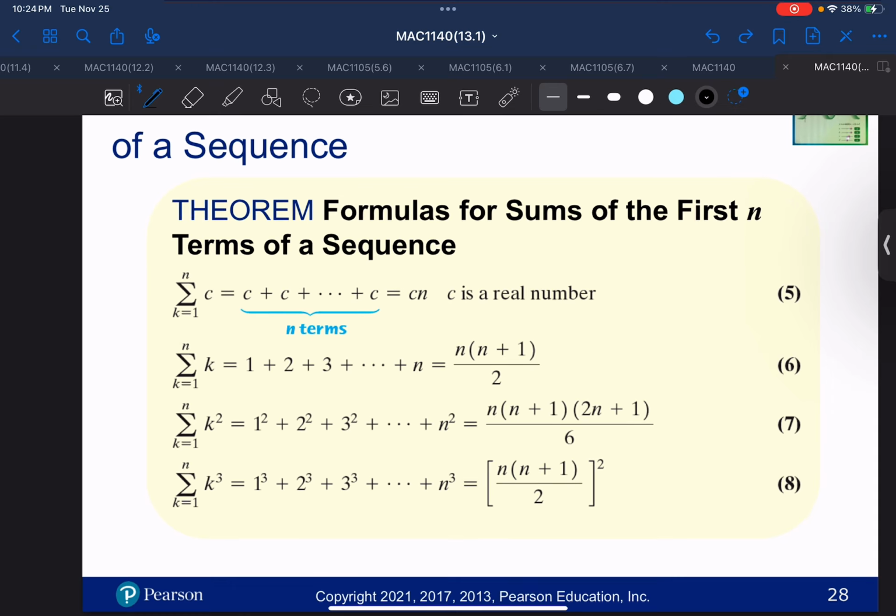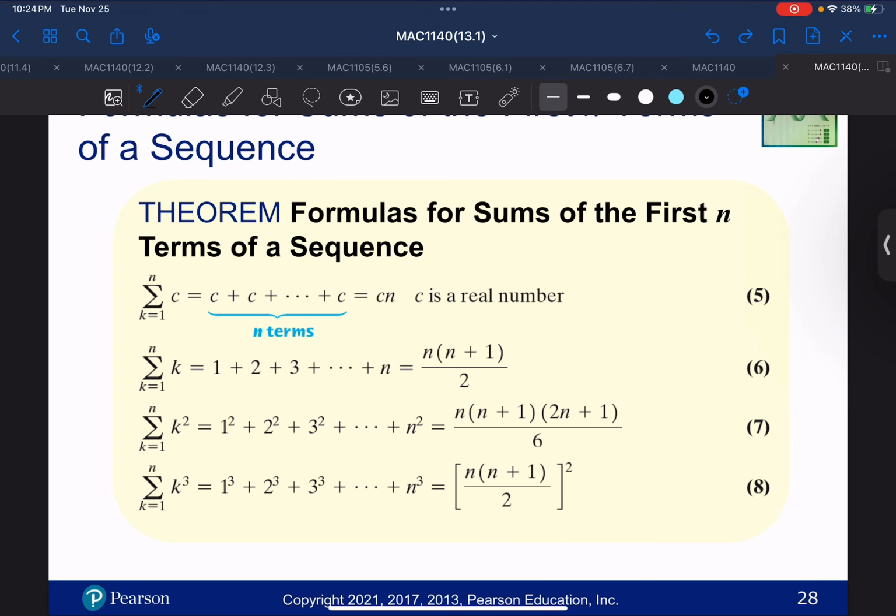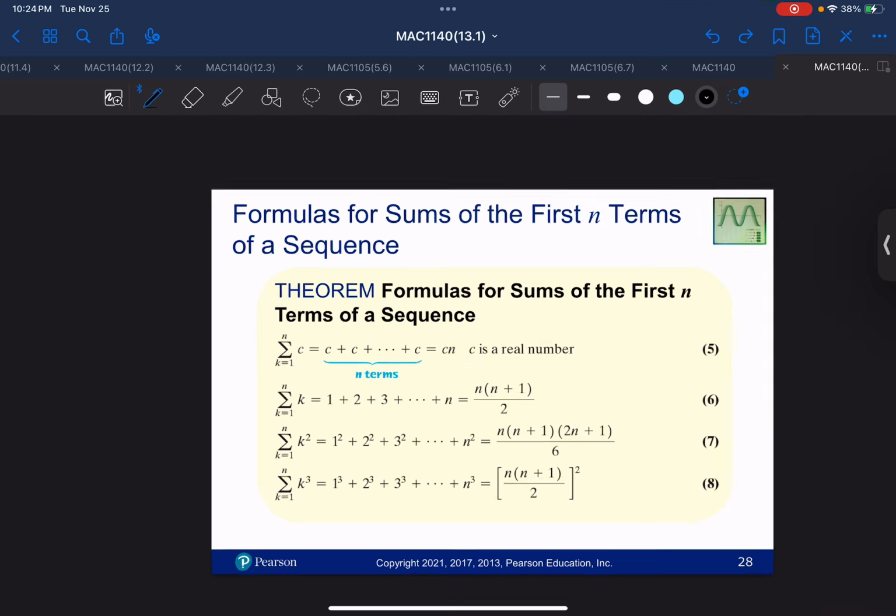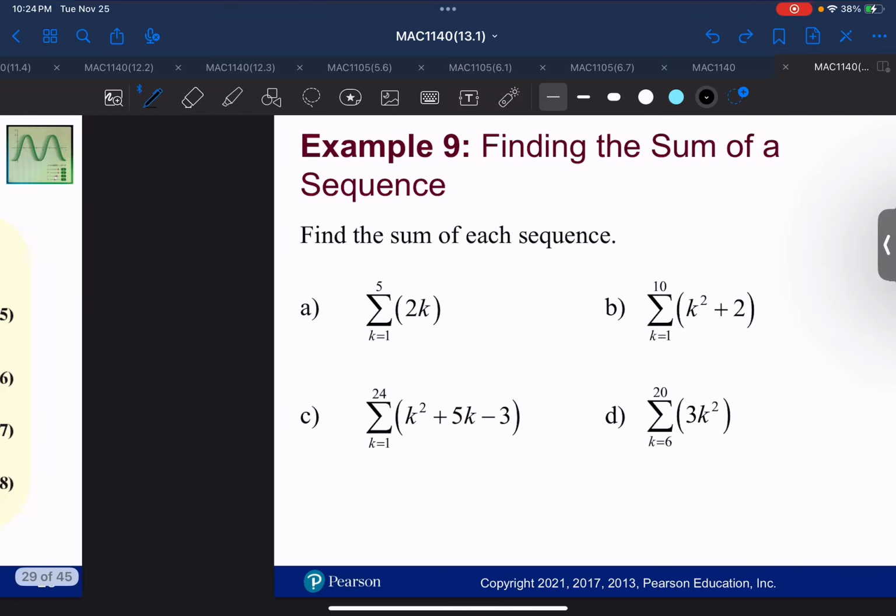And then the last thing is formulas for sums of the first n terms of a sequence. So these are some pretty common and special formulas that can help us determine the sum of a sequence, especially if it's finite.